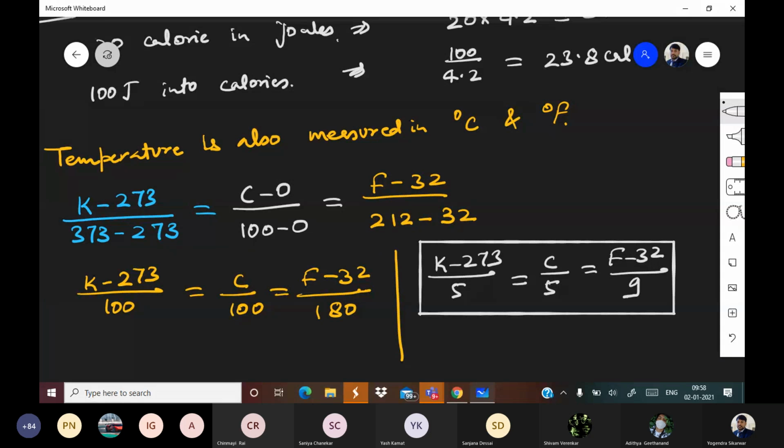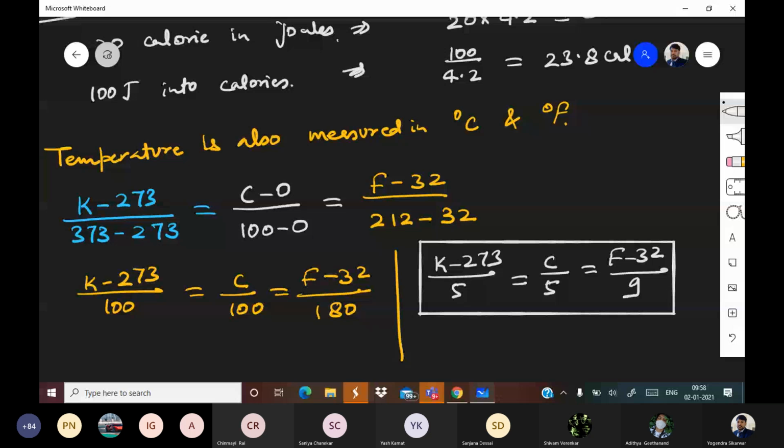See, Kelvin, as we know, is the absolute scale. Absolute scale means if you go down in temperature, there comes a minimum temperature beyond which you cannot go, and that minimum temperature is 0 Kelvin. Okay, so nobody can create a temperature lesser than 0 Kelvin.